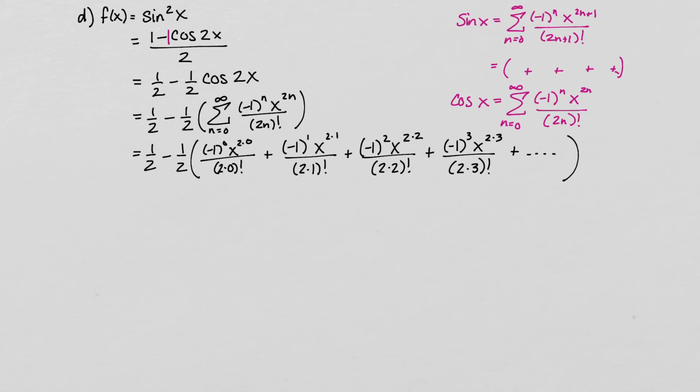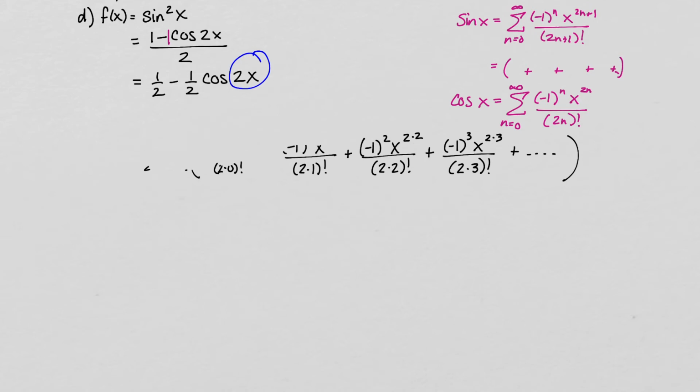Oh, yeah, it is 2x to the 2n. Thank you. I have here a 2x, so this should be 2x to the 2n. I'm going to rewrite it correctly.